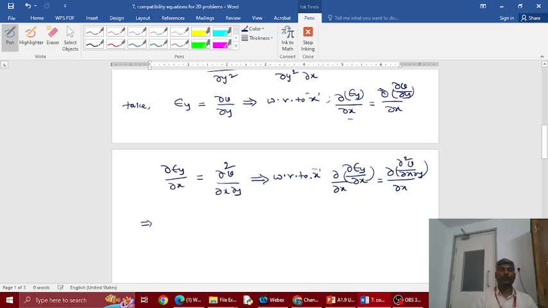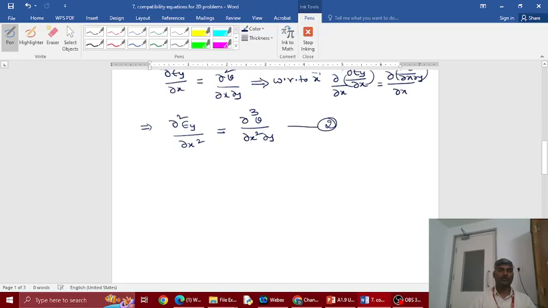So now what you get: on the left-hand side ∂²epsilon y/∂x², and on the right-hand side ∂³v/∂x²∂y. Let us call this number 2.